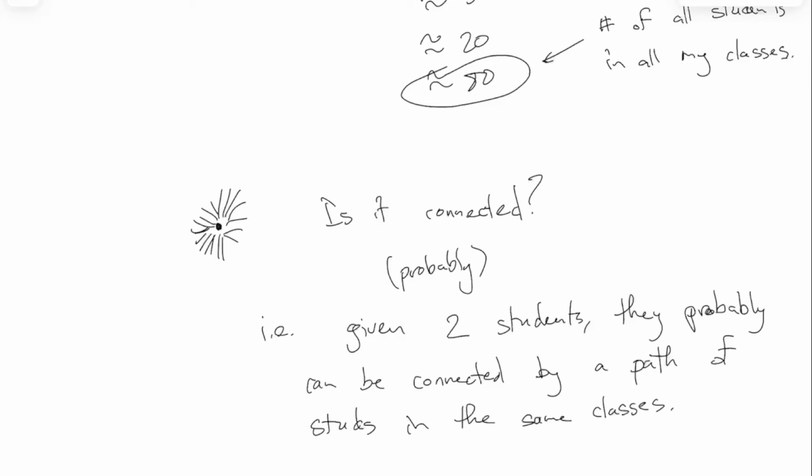This guy's in the same class as this one, and this one's in the same class as this one, et cetera, et cetera. You can probably make it from any one student to any one other student. I don't know if that's precisely true, but probably it is, I would say.